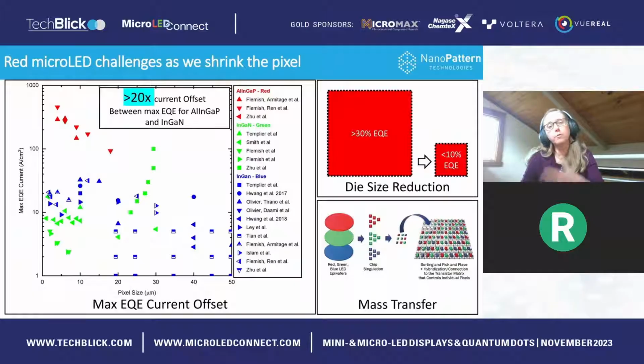And then finally, the most obvious challenge for direct RGB is that you are combining LEDs from three different semiconductor wafers: a blue wafer, a green wafer, and a red wafer, and that requires more mass transfer.